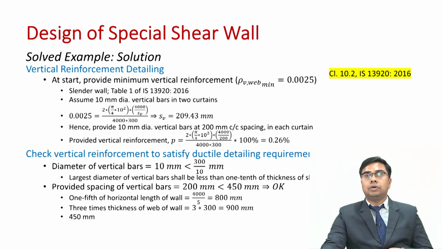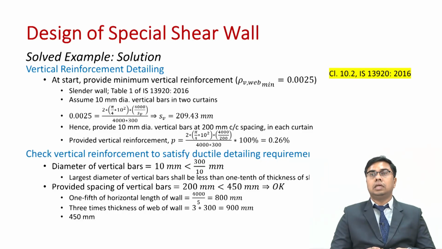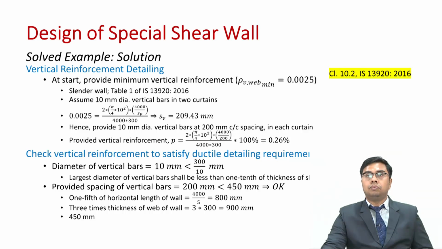In this case, since we are considering vertical bars, the cross sectional area will be 300 millimeters times 4 meters, the wall thickness multiplied with the wall length. Since we have classified the wall to be slender, we will use the appropriate expression. From that expression we have got 0.02025.